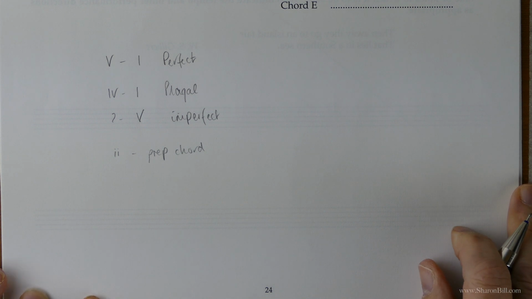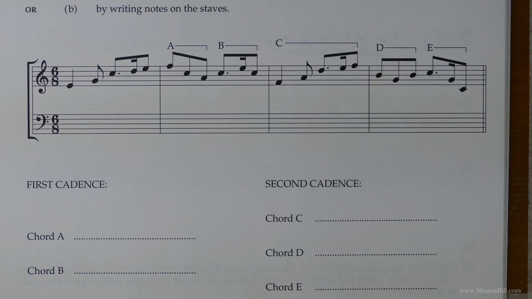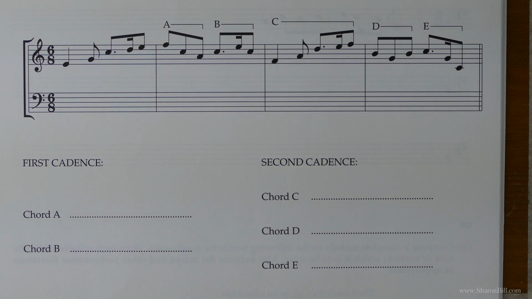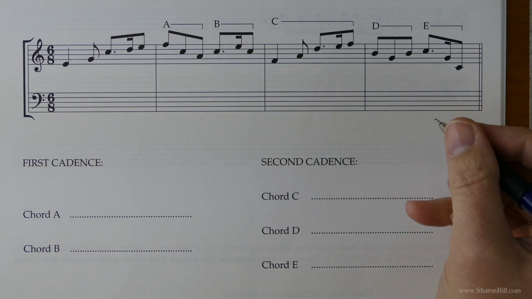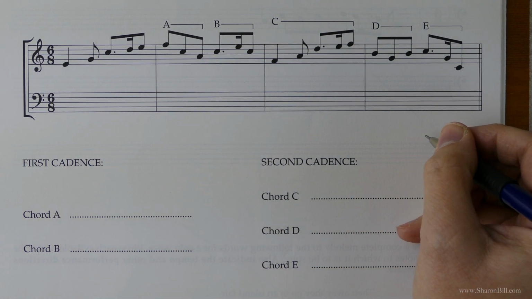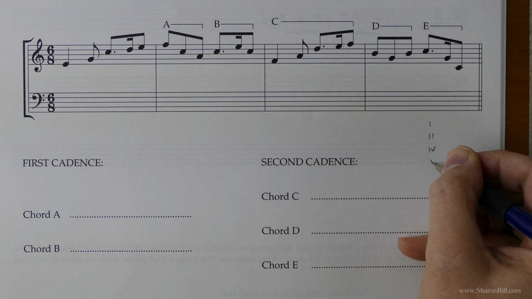So let's think about what we are going to be looking for before we choose these chords. We have to think what key we're in first of all, and we can see we've got no sharps or flats. We're in the key of C major, so we're looking for chords 1, 2, 4 and 5.